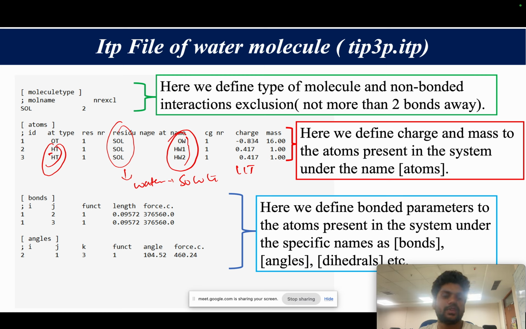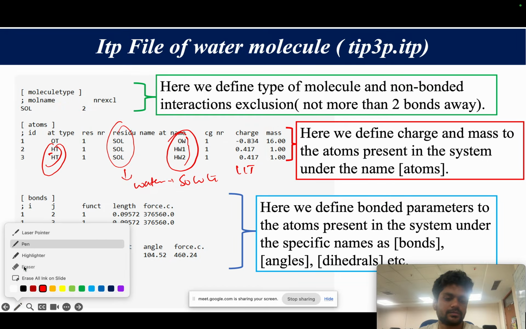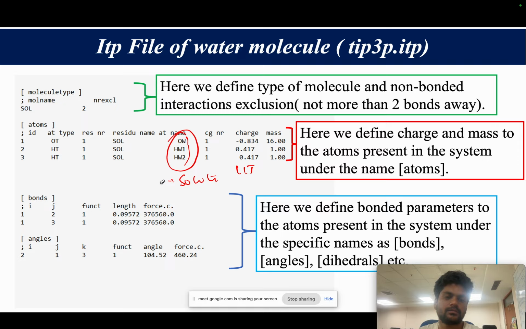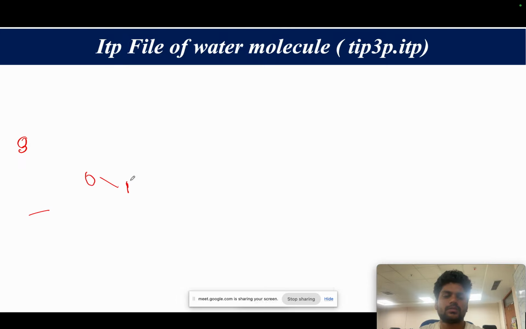And then bonds. If you see the numbering 1, 2, 3, we have 1, 2 bonds, so the 1, 2 bond is like OW, OH.